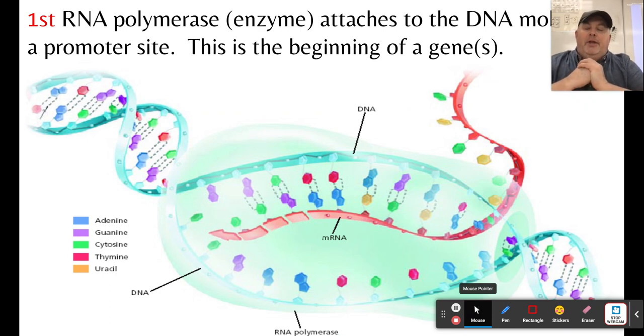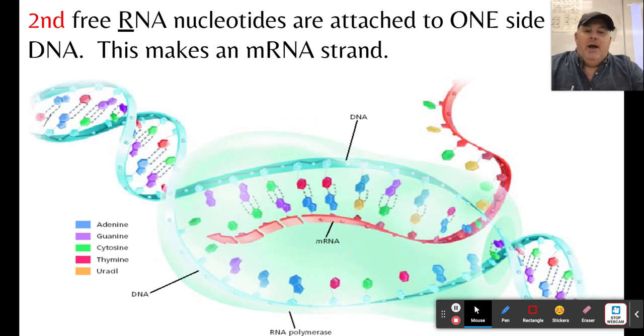The first part that's going to be necessary here is an enzyme called RNA polymerase, which will be released onto and attached to the DNA molecule. Once this happens, what you're going to notice here is that the DNA will unravel. Remember, it's a helical structure.